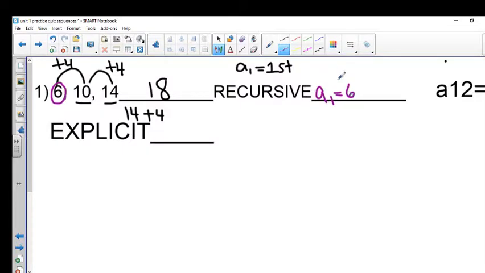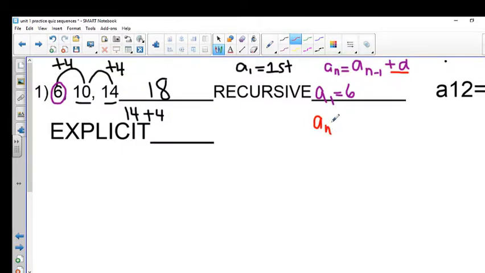Okay, so next we need to do our formula. It says AN, that means A to no matter what number, equals AN minus 1 plus your D. Okay, so the only thing we have to plug in for is the plus D. So we're going to go ahead and write the rest of this.